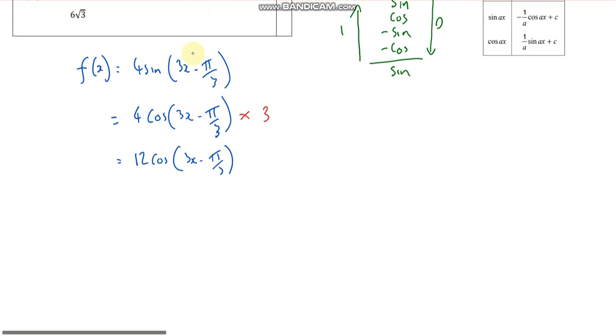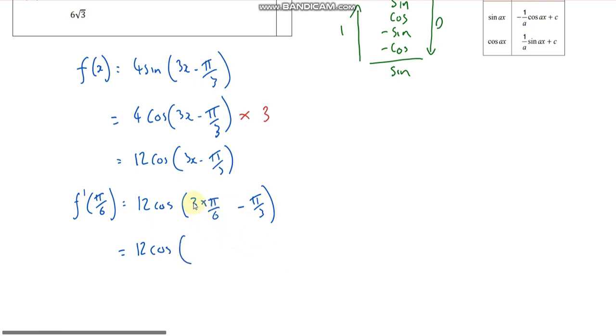So when we're at pi over 6, I'm substituting in pi over 6: 3 times pi over 6, take away pi over 3. All I've done there is taken the x and put in pi over 6. So what does that give me? Well, 12 cos stays where it is.